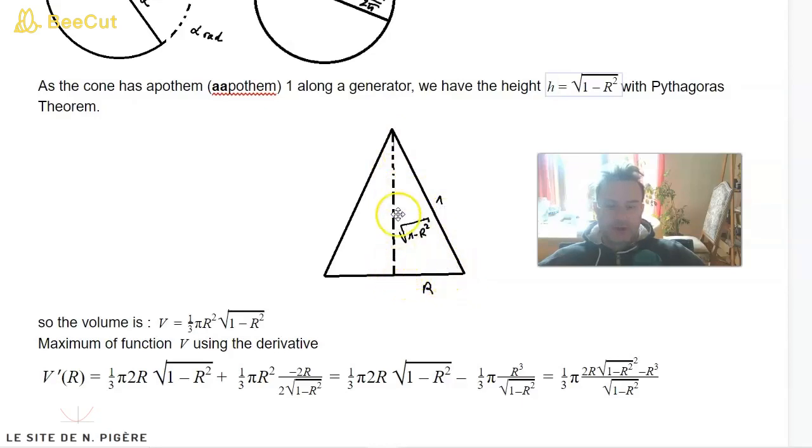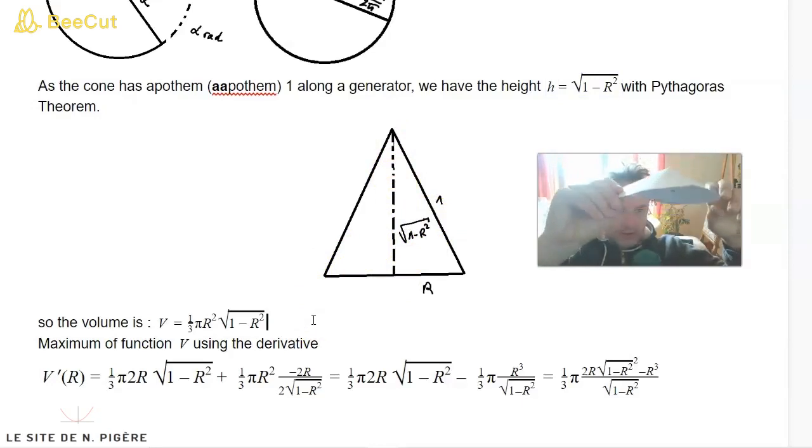So by Pythagoras' theorem the height of the cone is the square root of 1 minus r squared. So if I show you the cone, the height would be the square root of this squared minus the radius squared.